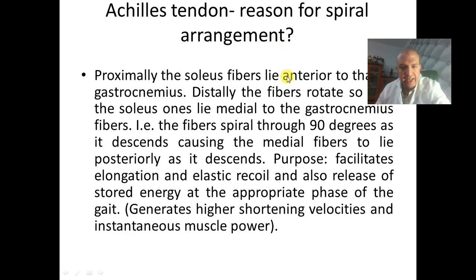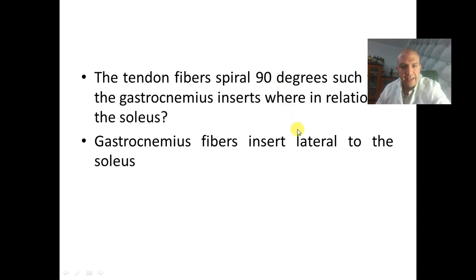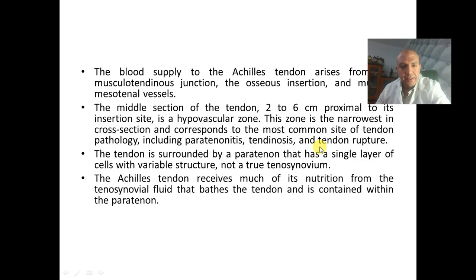This is the spiral arrangement and its importance. The blood supply comes from down and up, and in the middle, the 2 to 6 centimeter is a hypovascular area.